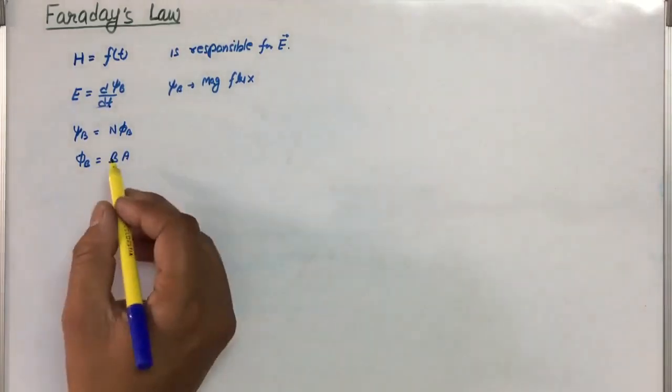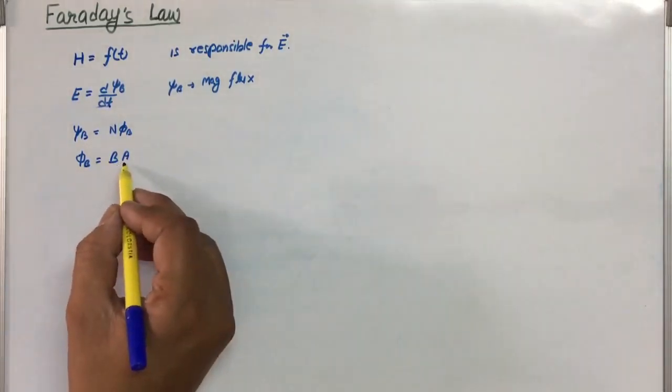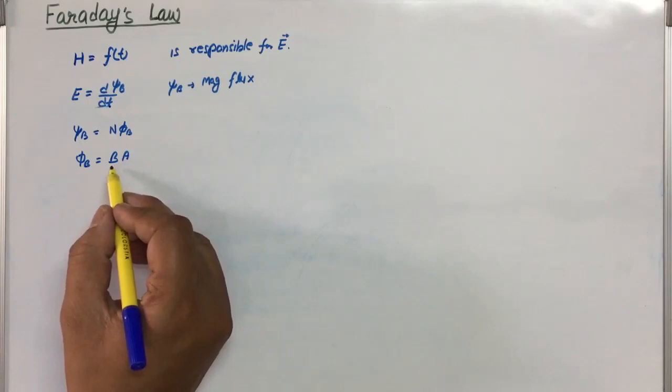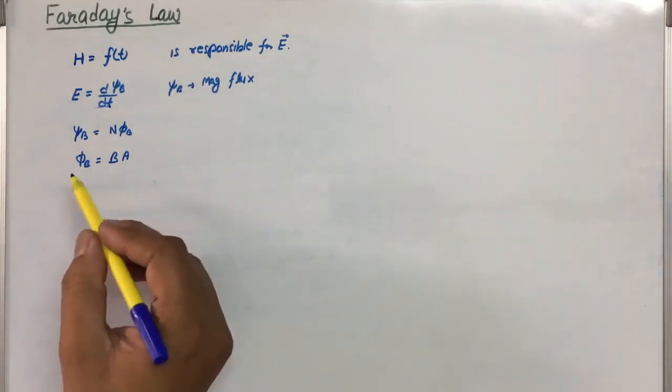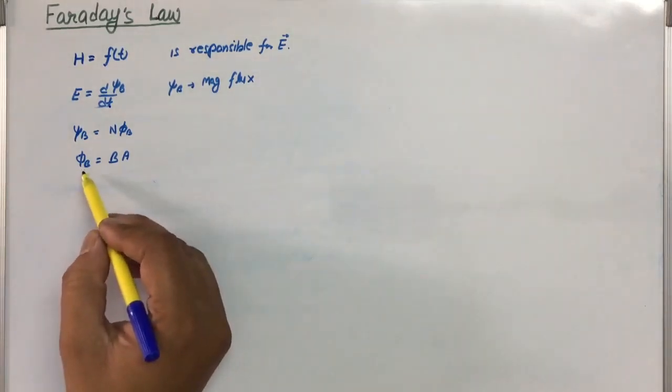So from here we can say either the area should vary or the flux density should vary. There should be relative variation between these two. From here we find that the variation in phi B is necessary.